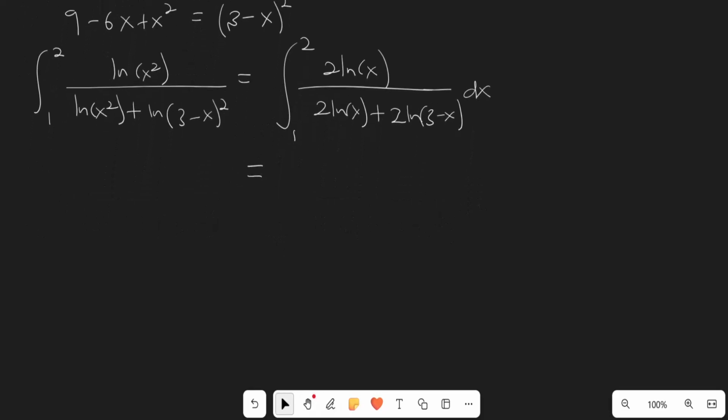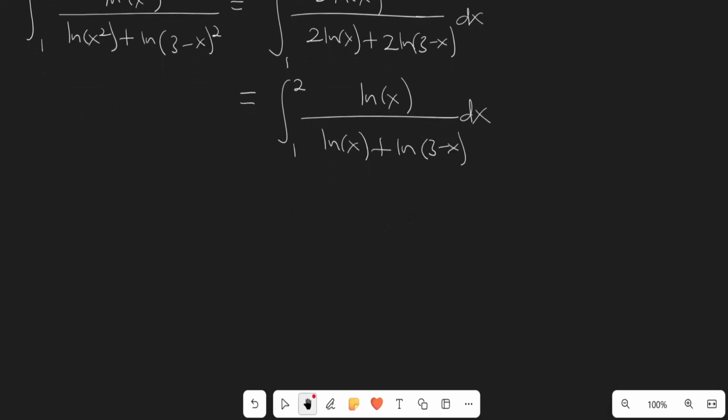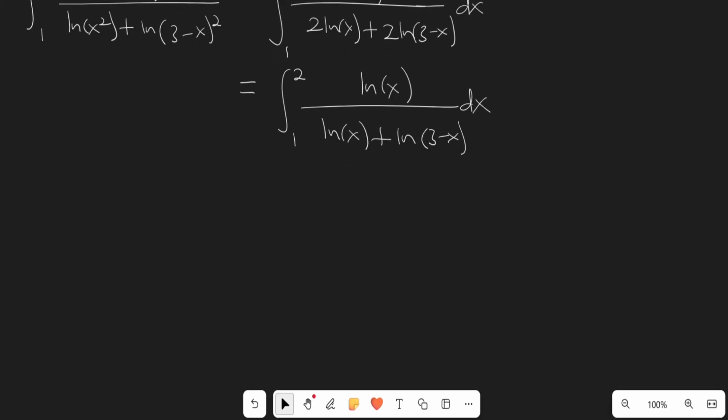So the 2's will cancel; we can factorize 2 out from the numerator, which cancels out with the 2 at the bottom. So we have the integral from 1 to 2 of the natural logarithm of x all over the natural logarithm of x plus the natural logarithm of 3 minus x, dx. So we can call this integral I.